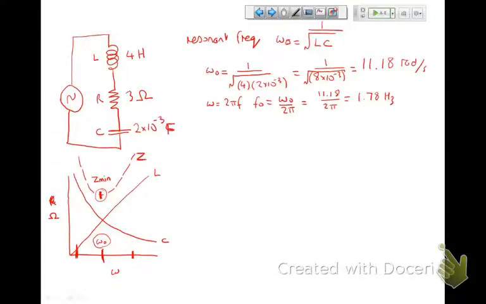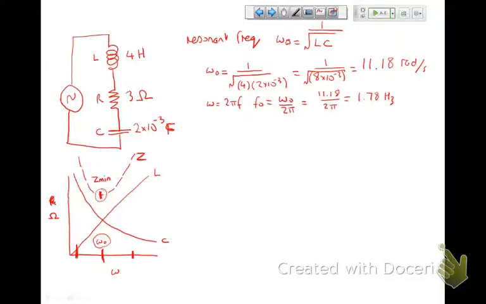Hold on. 11 divided by 2, divided by pi. No, I'm getting 1.7. Yeah, I'm right. Okay, cool. That's a bit of a side. I can make it a bit more interesting by talking to you in terms of hertz, but knowing all the time you have to use radians per second in the equations, you know.